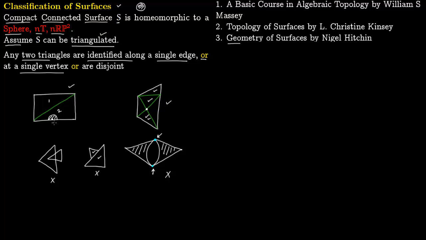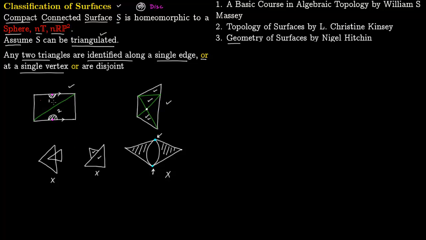We don't want this. So we will glue all the edges. If this edge is glued with this edge, then this will become a full disk. The neighborhood of this point is partly here and the rest of the neighborhood is here. So locally it still looks like a disk.